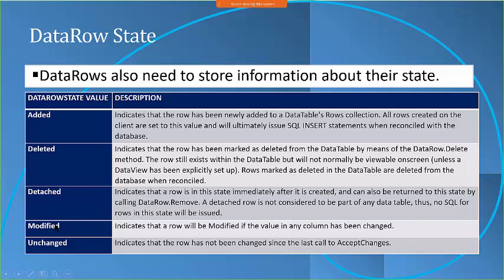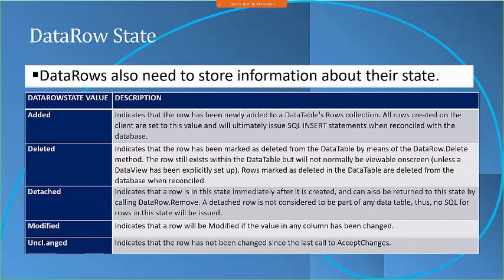And then modified indicates that it was there before, but you made a change to it. And then the row can be unchanged, which indicates that the row has not been changed since the last call to accept changes. These are all kept track of for a data adapter so that a data adapter can go through.